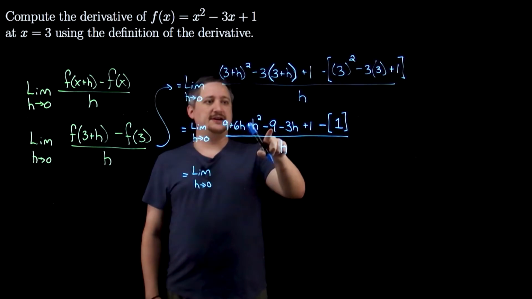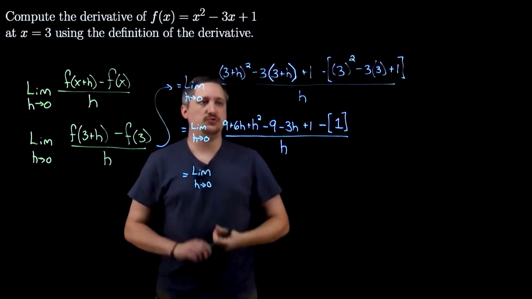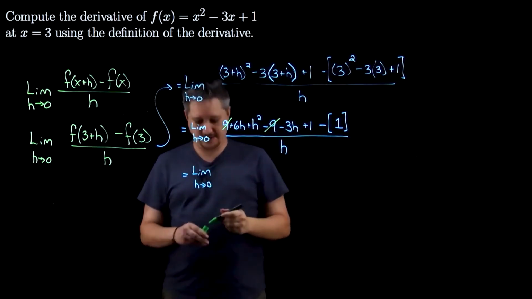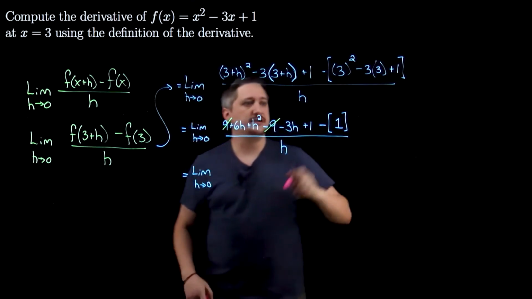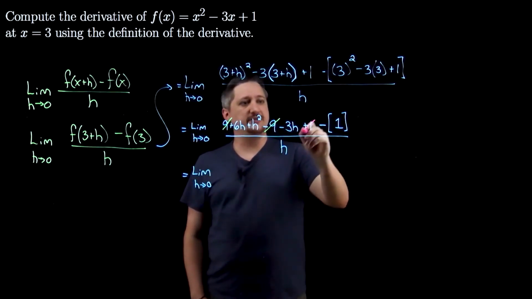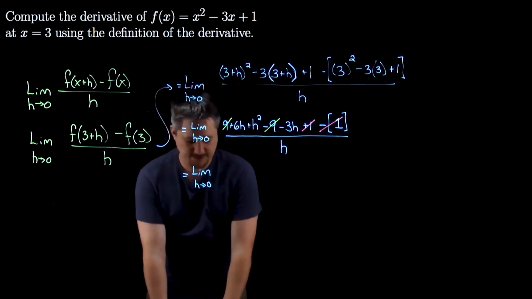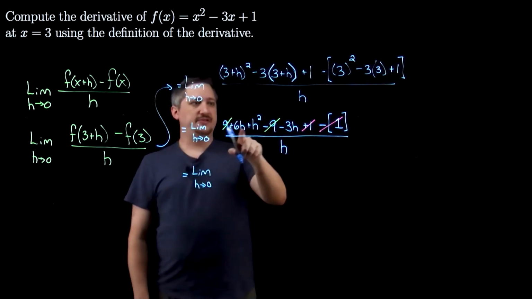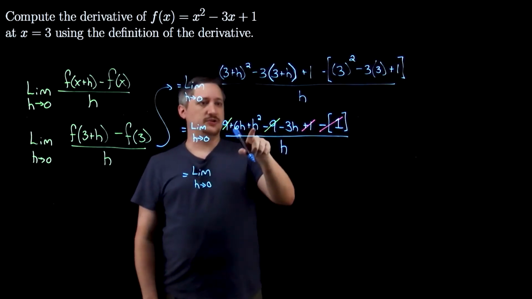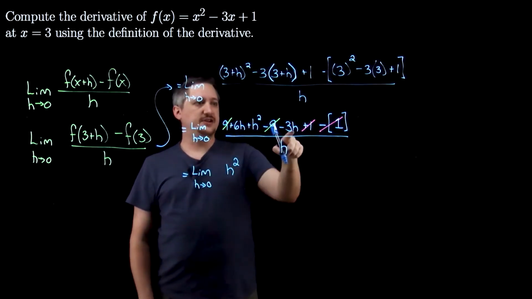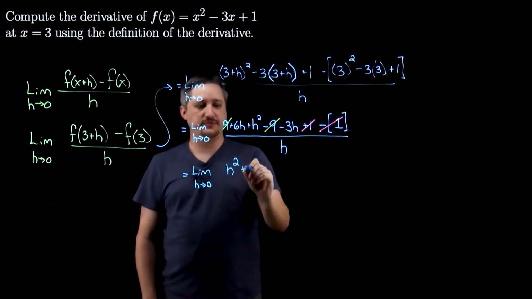So my 9 and my 9 will cancel. In fact, let me write out what I'm about to do here. This 9 will cancel against that minus 9. And this is really a minus 1, so this plus 1 and that minus 1 are going to cancel. So I'm really left with, I'll write it in order here, h squared plus 6h minus 3h, so I'm going to have plus 3h.